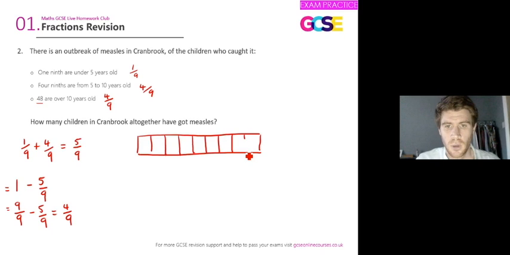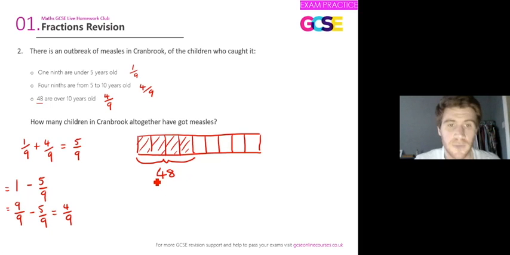And then what we're going to think about is 4/9. These are our first 4. These are our 4/9. They are equal to 48 children, not money this time. This bar is a nice visual representation of what's actually going on.